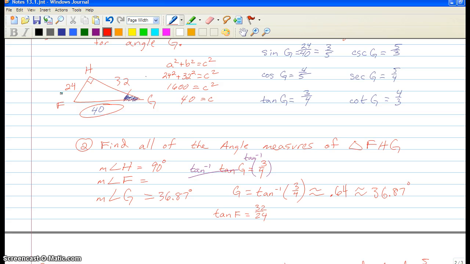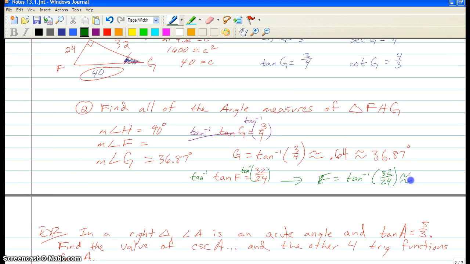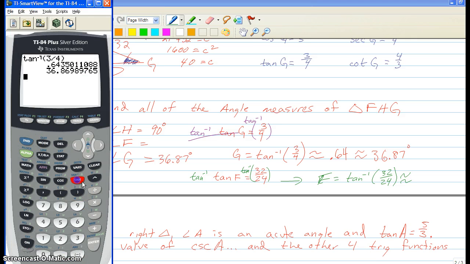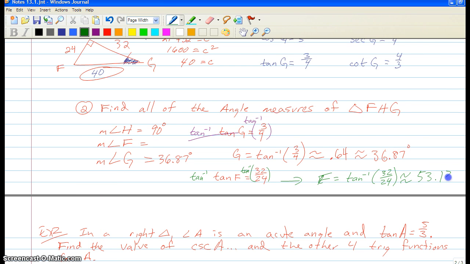And then we do the inverse tan of that, which gives f equals inverse tan of 32 over 24. And we get what that is, .13 degrees. Okay? Degrees and radians conversion.